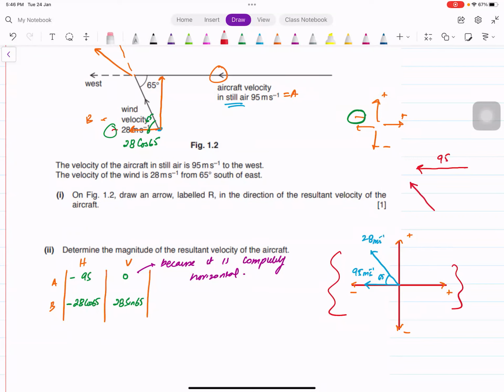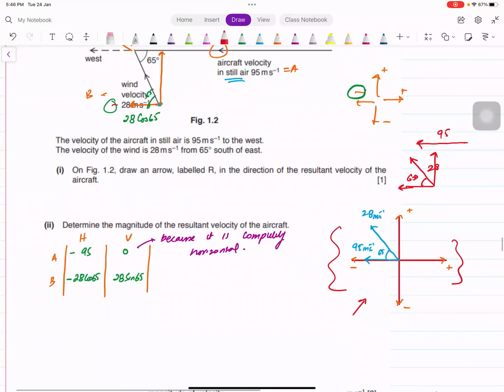And one vector is like this, which is 28, so this angle is 65. I took this component and this component, and then I separately add them directly instead of putting them on the graph. Do you understand? Yes. So you can always go back to this method if you want to, because it will take a little bit of time. If you don't want to do it on paper, usually take a pencil to do it.